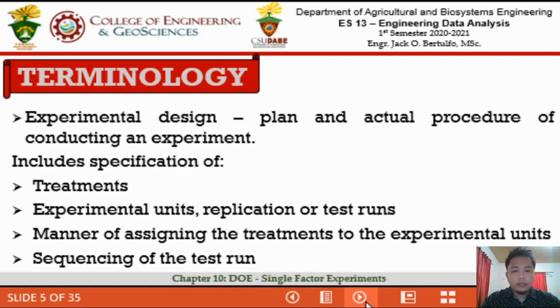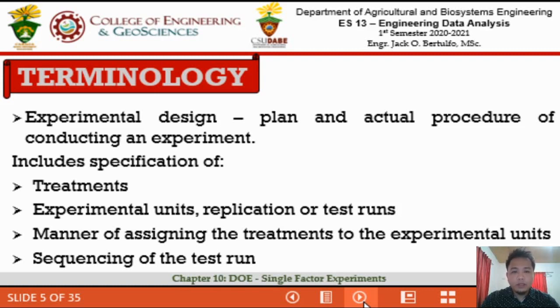Then the last one is the experimental design. It is a plan, an actual procedure of conducting the experiment. Every experiment, depending on the study, follows a different experimental design. For this chapter, we will focus on two experimental designs under the complete block design, the CRD and the RCBD.